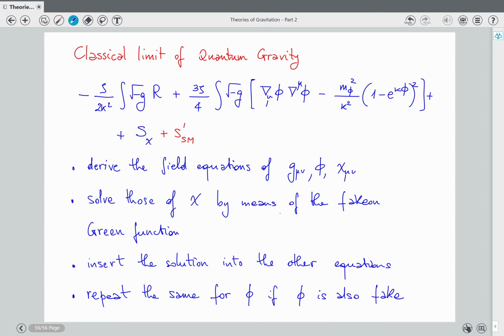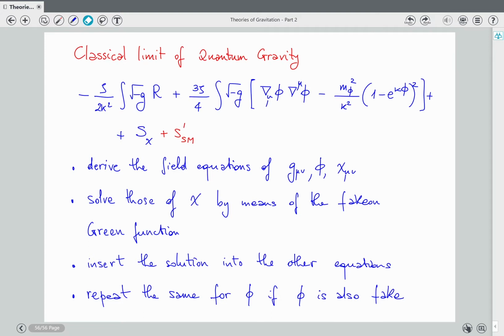So now, just to conclude, I will illustrate how this works with the Friedmann-Robertson-Walker metric that you might have already met. That's a simple case. In the Friedmann-Robertson-Walker case, actually chi mu nu doesn't even enter. You just have phi.